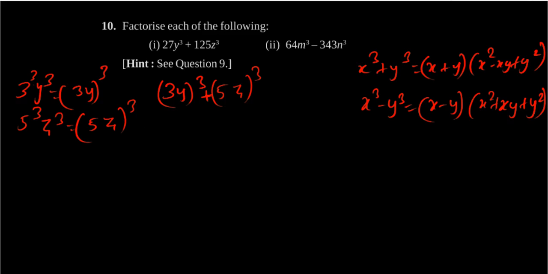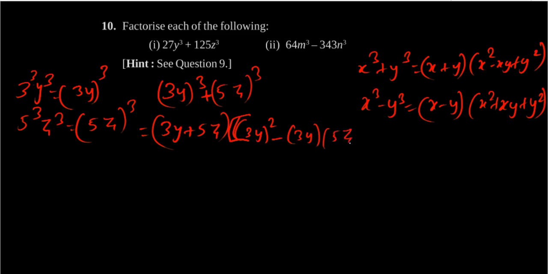If we substitute for this first problem, x plus y, that means 3y plus 5z, into x square, that means we will put a square bracket because inside brackets are coming. So (3y) square minus xy, x is 3y and y is 5z.